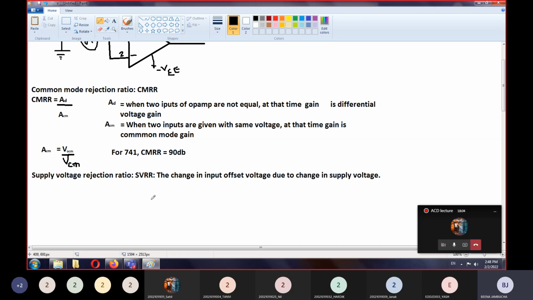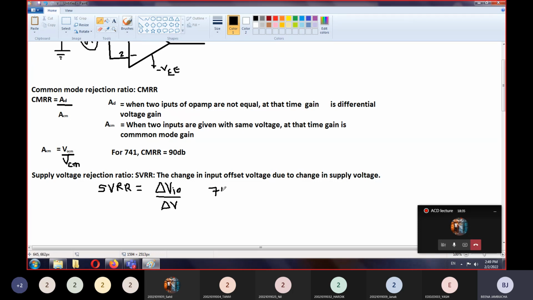We can write SVRR equals the change in input offset voltage, delta VIO, divided by delta V. Delta V is your supply voltage, delta VIO is your input offset voltage, right?